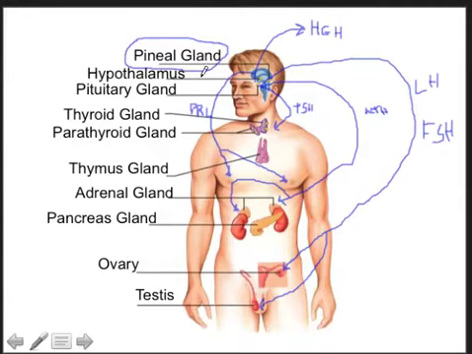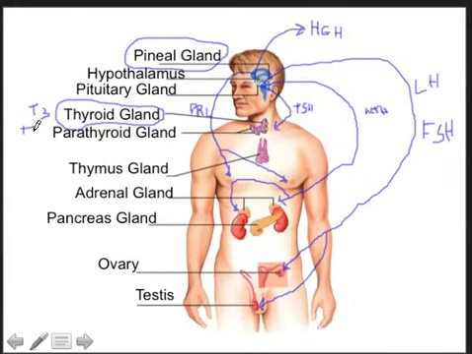The hypothalamus we've discussed, the pituitary gland we've discussed, the thyroid gland down here is a butterfly-shaped gland that sits right in front of the trachea, and it produces two hormones, T3, which goes by the name of triiodothyronine, and thyroxine, which is abbreviated T4.